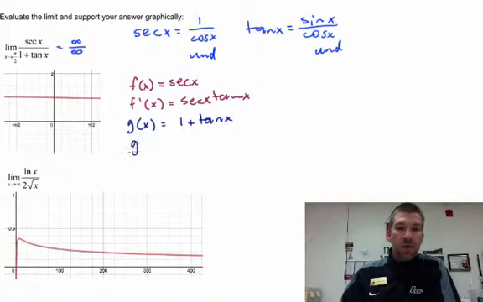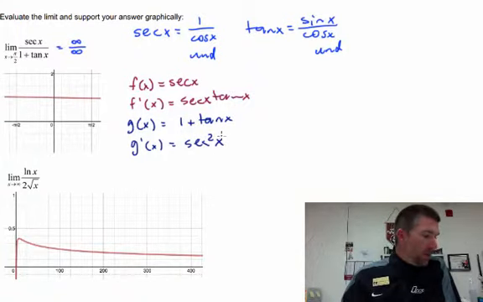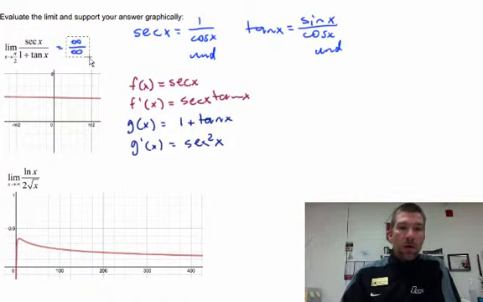So the derivative of that is 0 plus secant squared x. Okay? And when you do that, now we can reorganize our fraction. What you end up with when we use L'Hopital's Rule is your new secant x tan x over secant squared x.